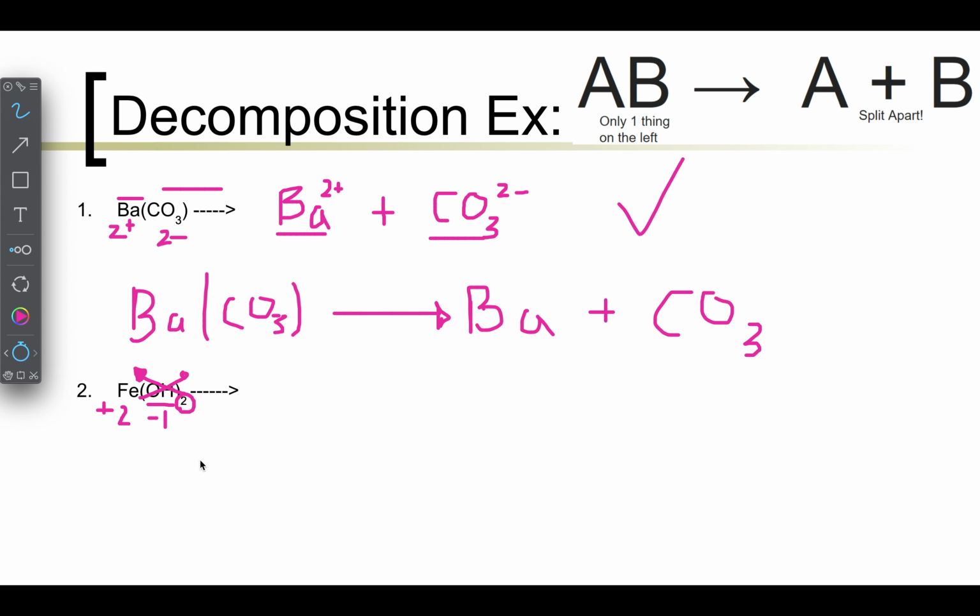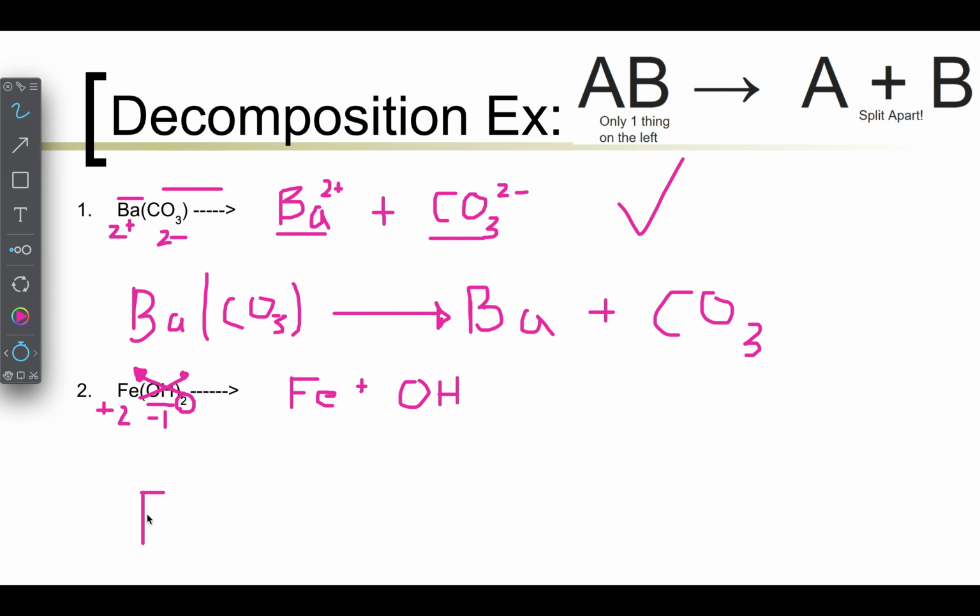We've done step 2. Step 3, we're going to write out our product, Fe and OH, or Fe and hydroxide, right? We know balancing the charges, again, not that important. Figuring them out might be a little bit more difficult. And then we want to make sure our equation is balanced.